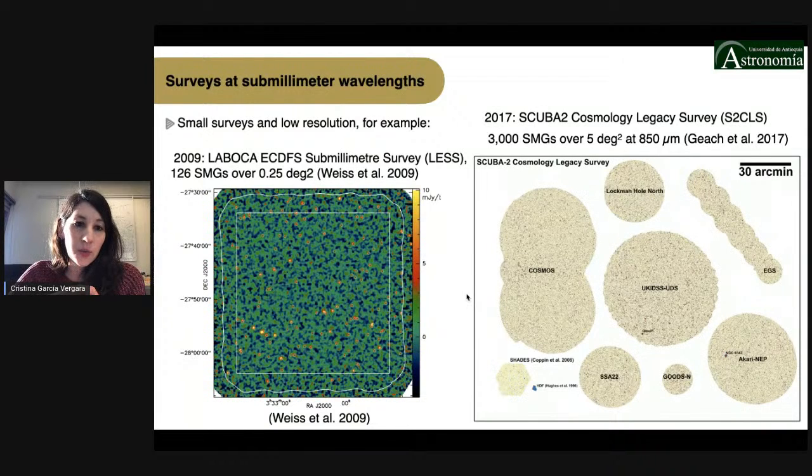But in this case, we are equally sensitive to detect sources over the entire redshift range, basically between 1 and 8. Then we really need to constrain better the parameters of the sources, and we need multi-wavelength information.